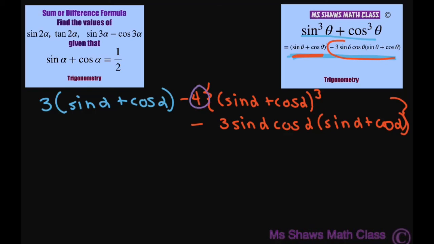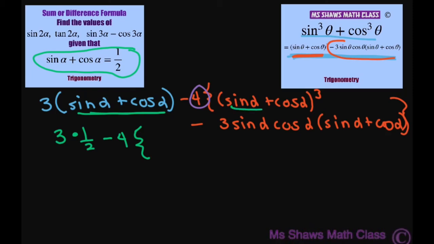All right, using substitution now, we have 3 times, and sine of alpha plus cosine of alpha equals 1/2, so just times 1/2, minus 4. Again, this equals 1/2, so we're going to write 1/2 cubed.